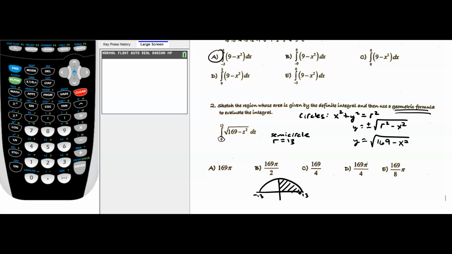A lot of people would find the area of the semicircle and they would be wrong, because in actuality we're trying to find the area of a quarter circle here, because if you're going from 0 to 13, you can see that this is the quarter of an entire circle.